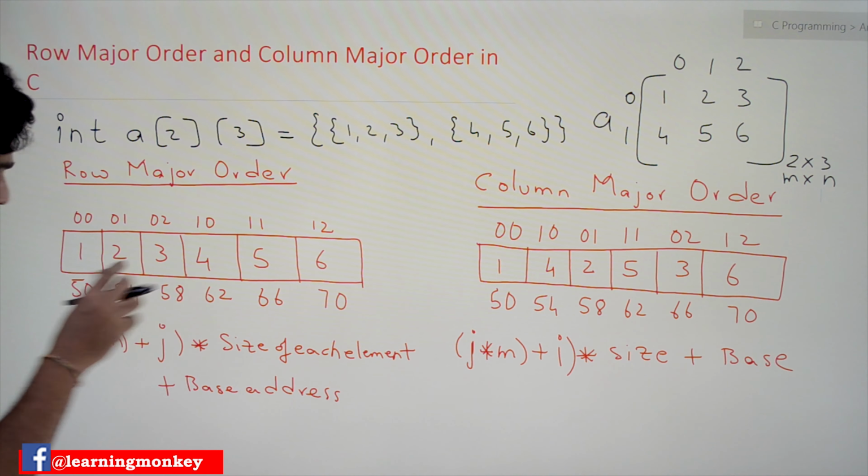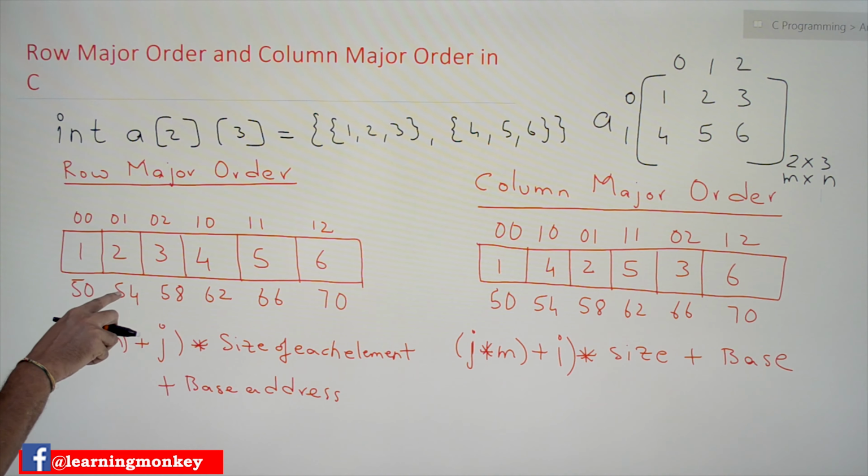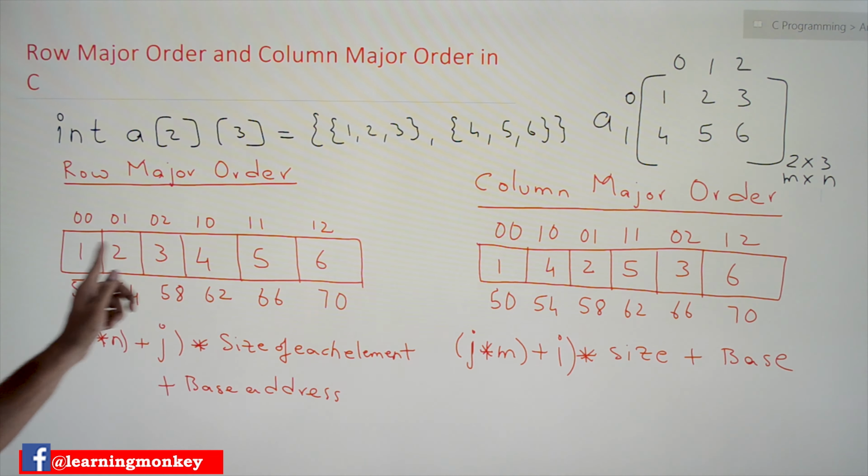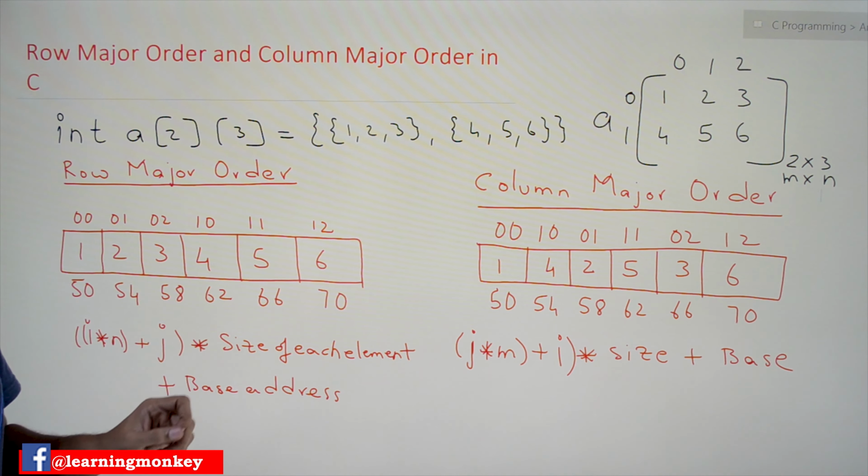These 4 locations are used to store one element, and then 54 is the base address of the next location, then 58, 62, 66 and 70. Based upon the row measure order concept, the values have been inserted, but as the end user we have only the visualization in this way.